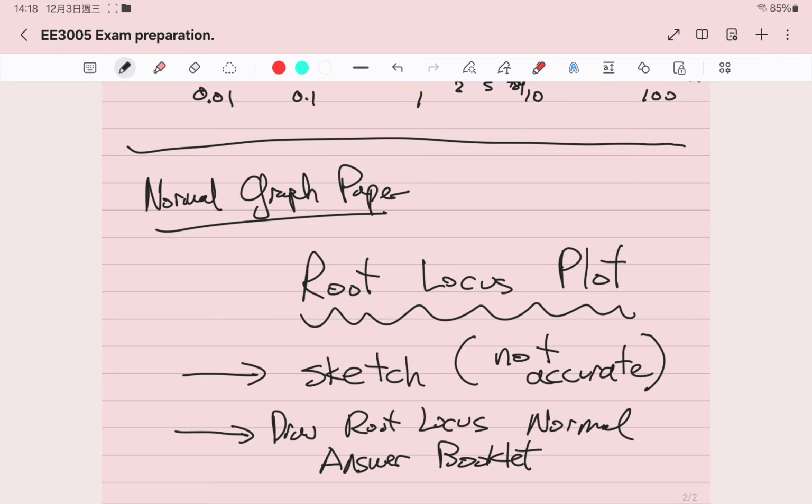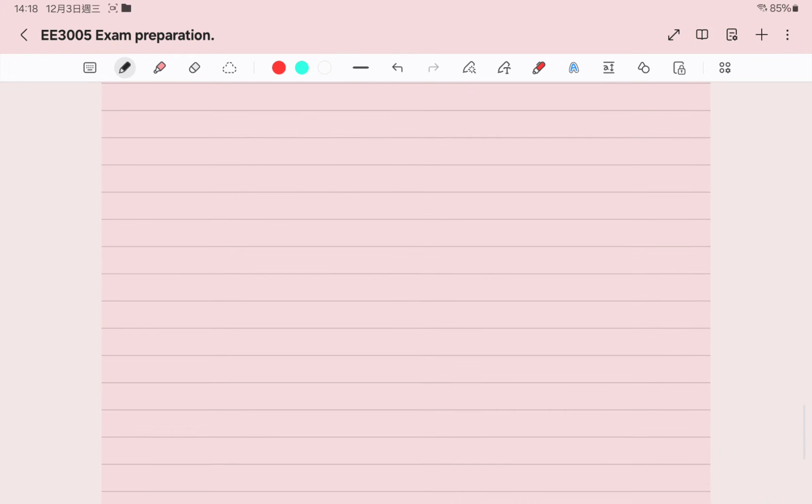So you already passed. It's like this. No need for you to be very accurate. I just want the shape to be what I've expected. If it is what I've expected, then you will be okay for the root locus.